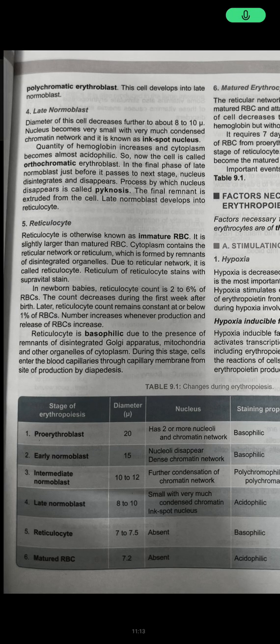The final remnant is excluded from the cell, which means the organelles or other parts present in the cell are excluded. They are taken out of the cell and digested by macrophages, and late normoblast develops into reticulocyte.